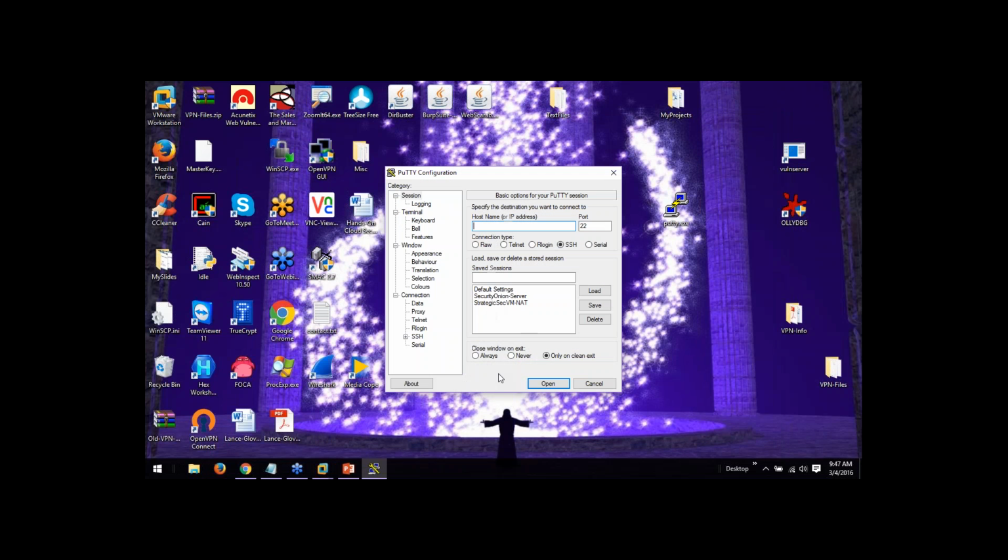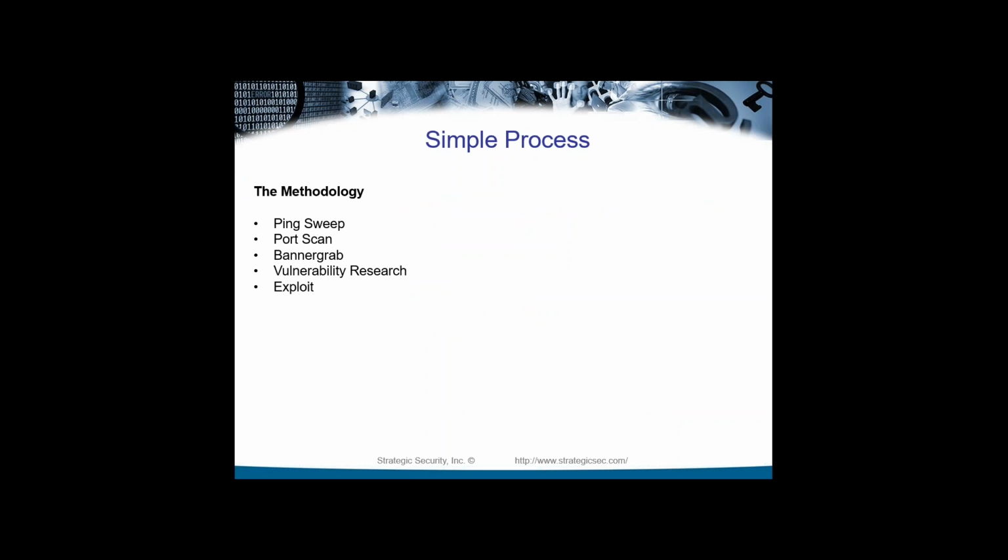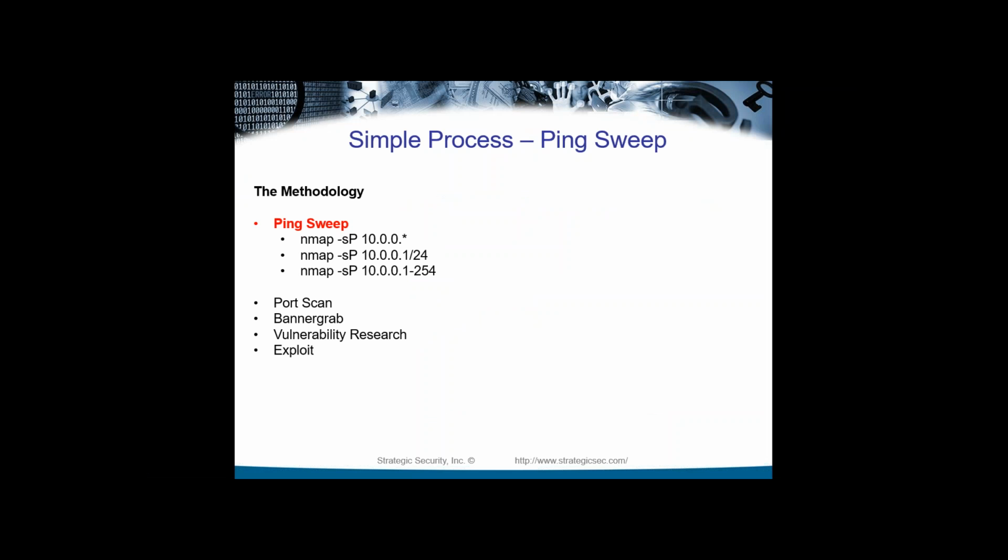If we have that process, what does that process look like? You're going to ping sweep, you're going to port scan, you're going to banner grab, you're going to do your vulnerability research. So here are some options for ways that you can ping sweep. You can tell Nmap to ping every host in the whole subnet.